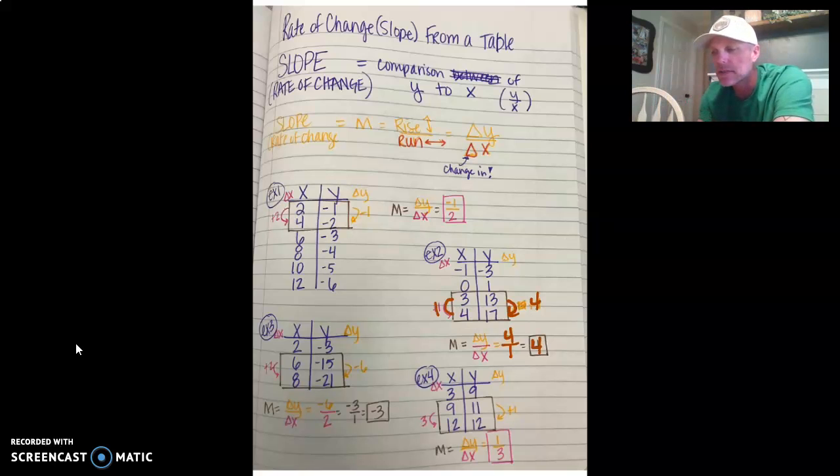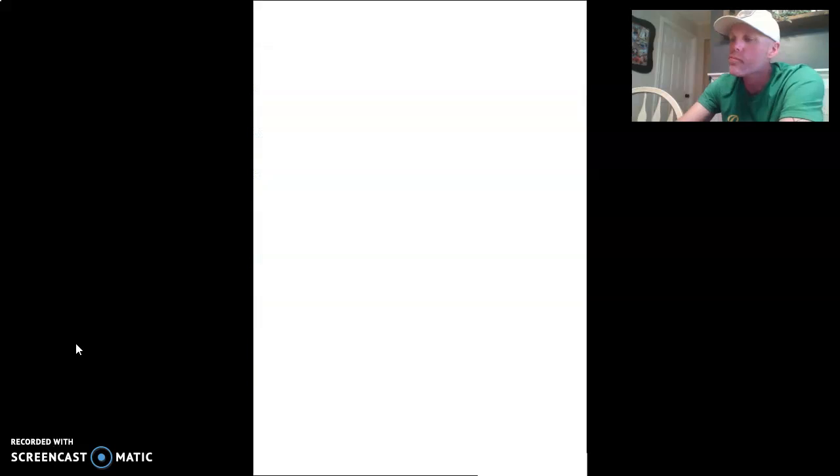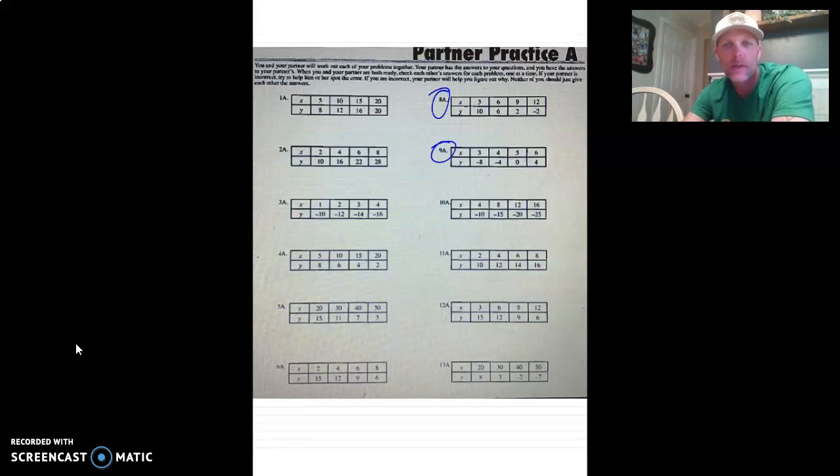I know the next one, example 3, simplifies. So that is something that we have to watch out for. The good thing is simplifying is very simple whenever it comes to slope, because they're typically small numbers. Okay, so pause it right there if you need to and get that written. I'm going to jump over to our assignment, which is that right there.